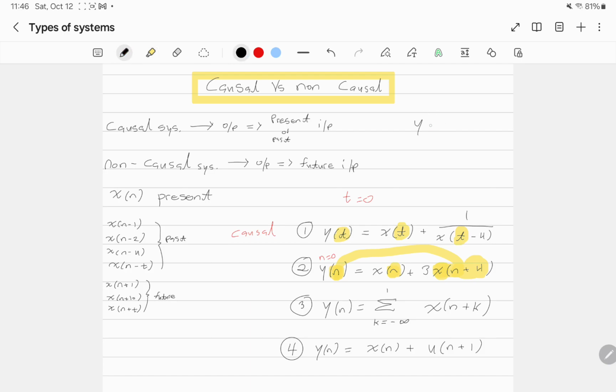So y of t, or y of n, is the output, and the input is x of t or x of n. So knowing that the output depends on the future values of the input, which is this situation, we could say this is non-causal.